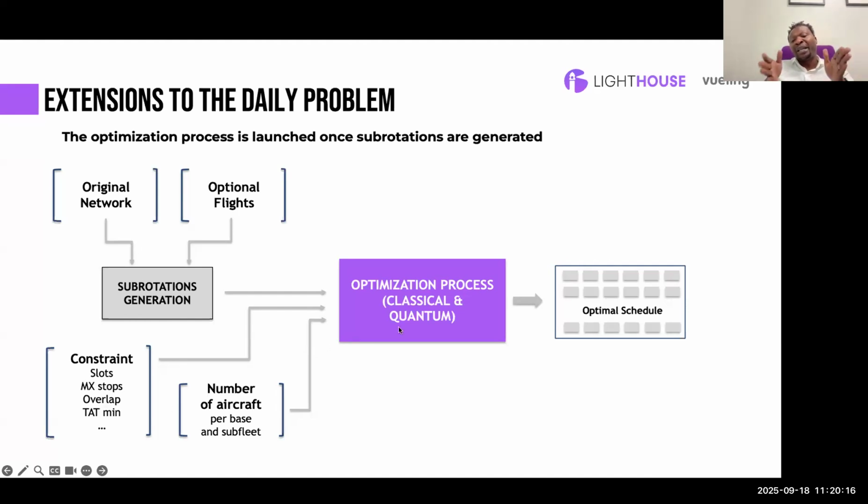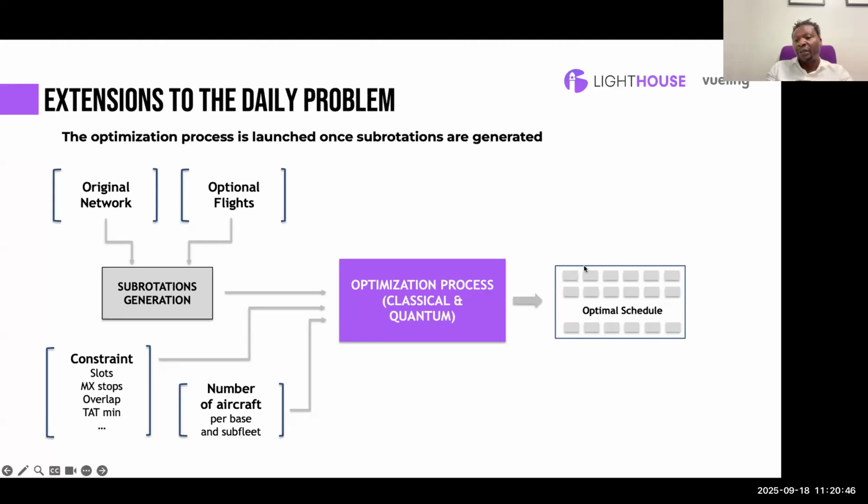By having this, we can use the optimization. We can design some kind of mixed integer programming, solving it classically if we want, or solving it quantumly. Okay, but all these strategies help us to reduce the number of variables, because even the most powerful classical solvers have a limitation on the number of variables. So we need a strategy to do it.